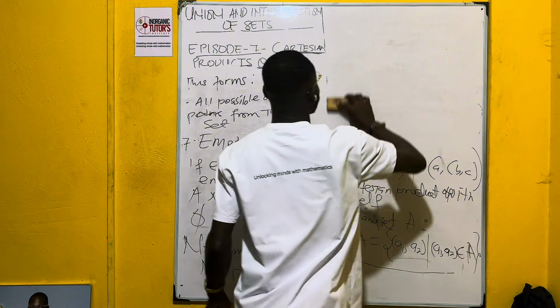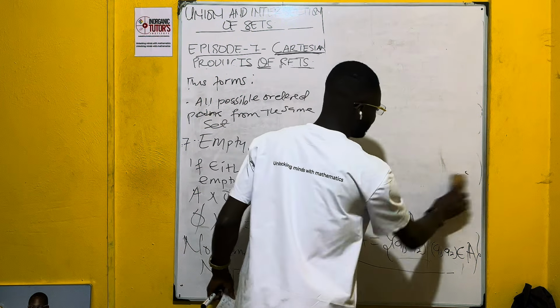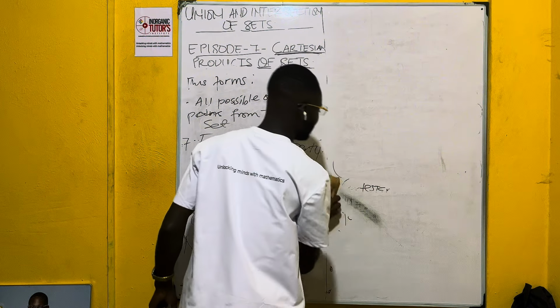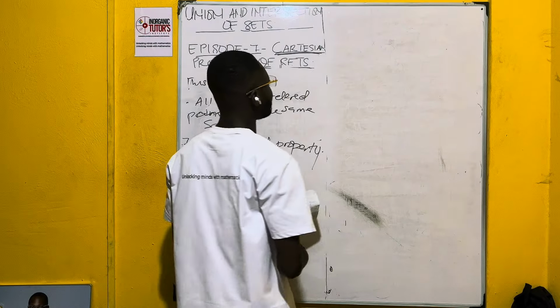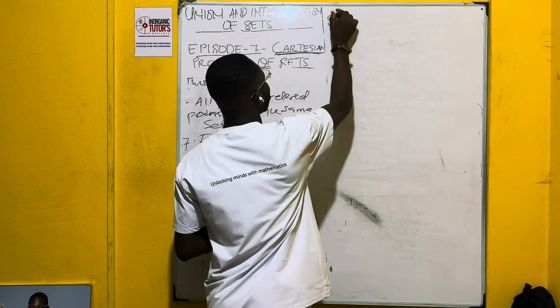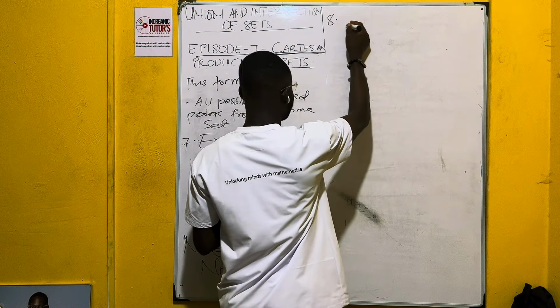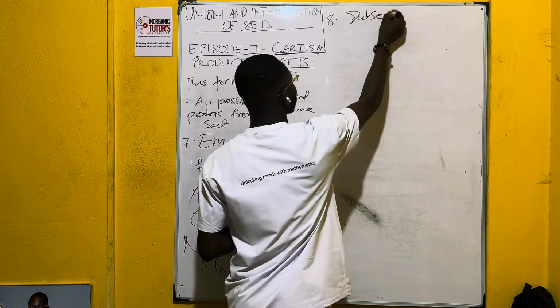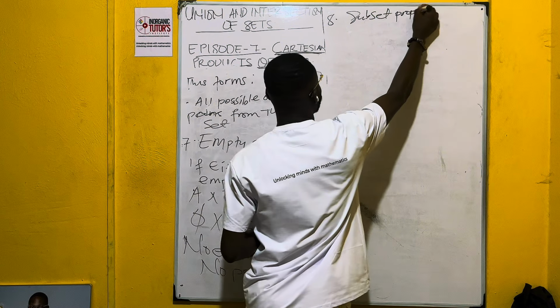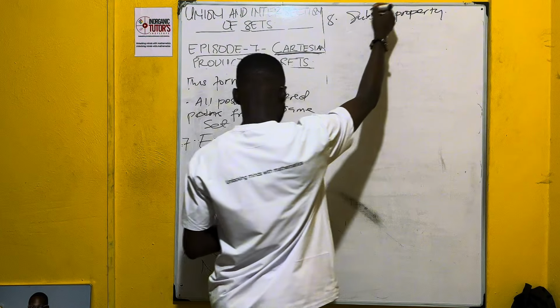Now let's look at the eighth property. The eighth property is the subset property. The subset property, right?